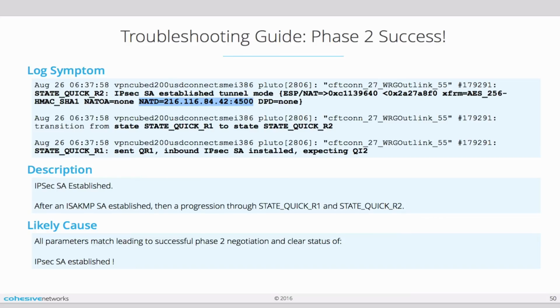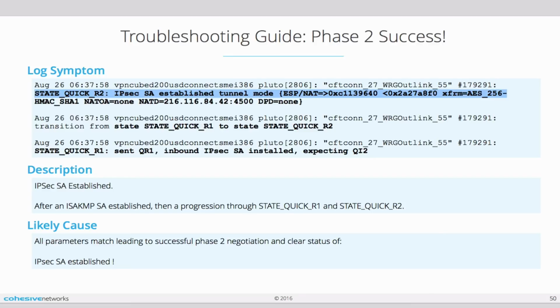And so you'll have a successful connection, but traffic won't pass, because one of you is sending on UDP 4500 because you think NAT-Traversal is on, and the other guy is listening and sending on protocol 50 because he thinks it's off. You get the success message and you're all excited, right?